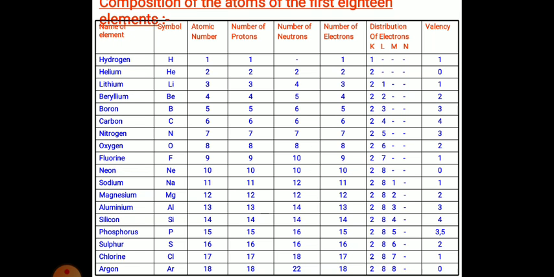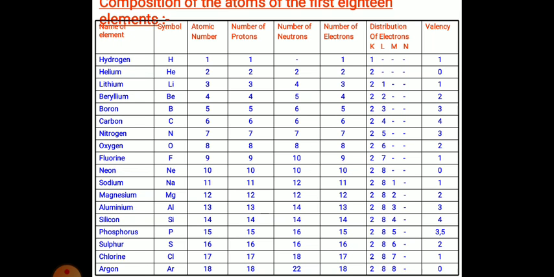Suppose, students, we take an example of carbon here. Carbon has atomic number 6, and you already know that the atomic number is nothing but its number of protons, so the number of protons is also the same. The number of neutrons may be different for some elements, but for carbon it will be 6.